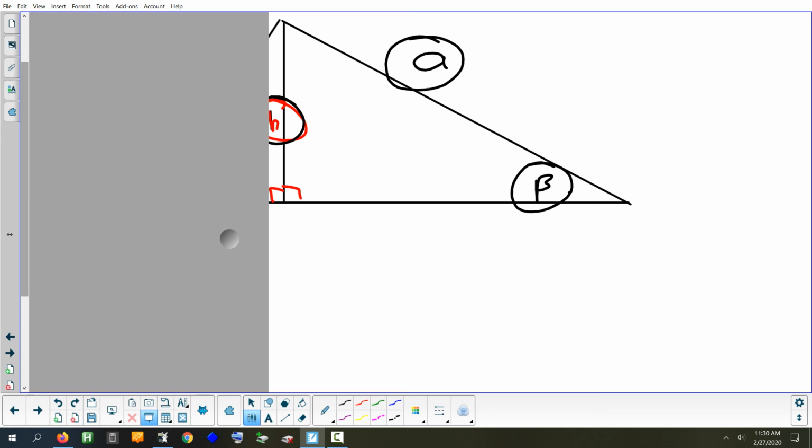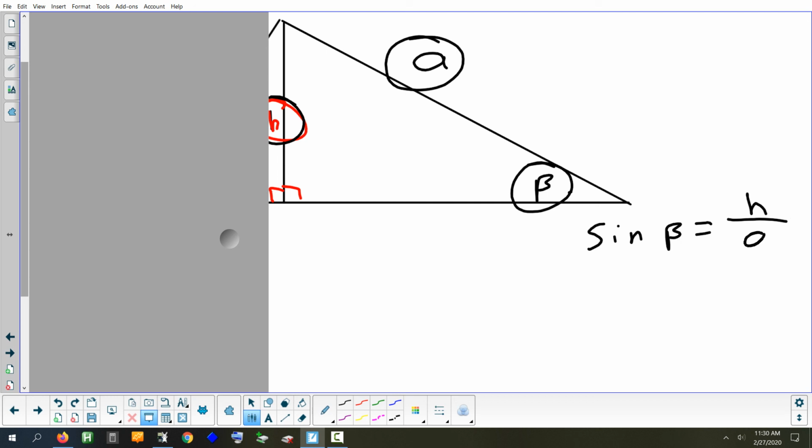So it's the same trig function we just used. Sine. So sine of beta would equal what over what? Yep.